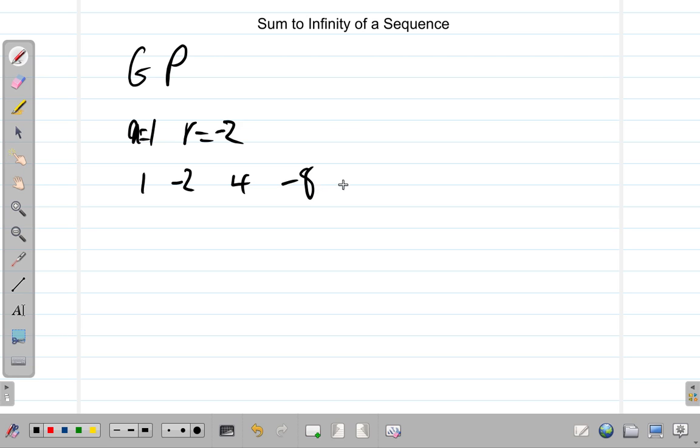To get the next term, you multiply the negative 8 by the common ratio negative 2, you get positive 16, and you keep adding. But here, you still have the sum approaching an infinitely large answer, because the number itself is getting larger and larger.